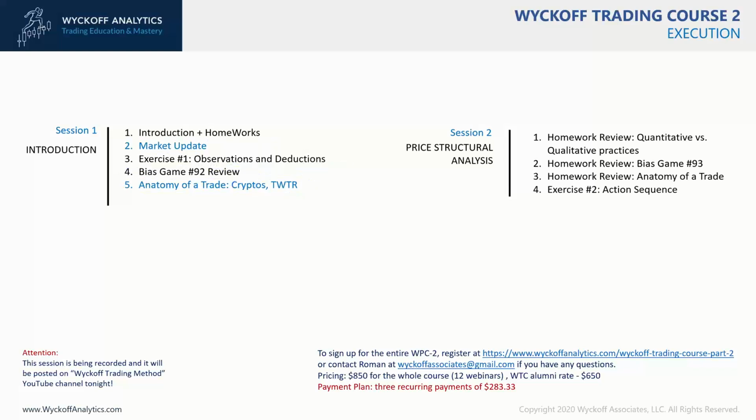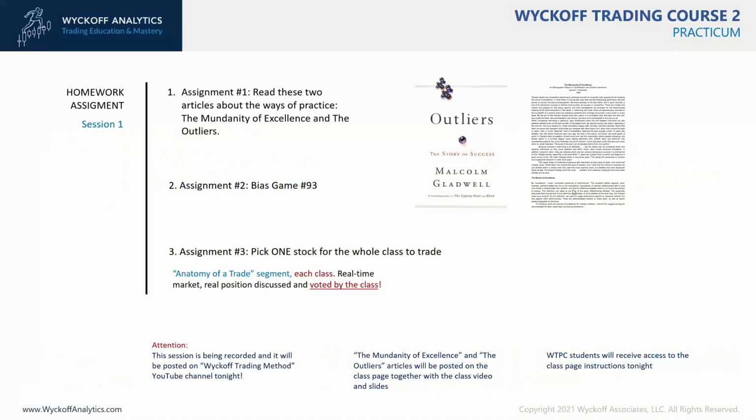For the next class, guys, this is where we go into the homework, and this is where I'm talking to students who already signed up or who are going to sign up. You're going to have quite a lot of assignments for this week. Your first assignment is to read 2 articles.